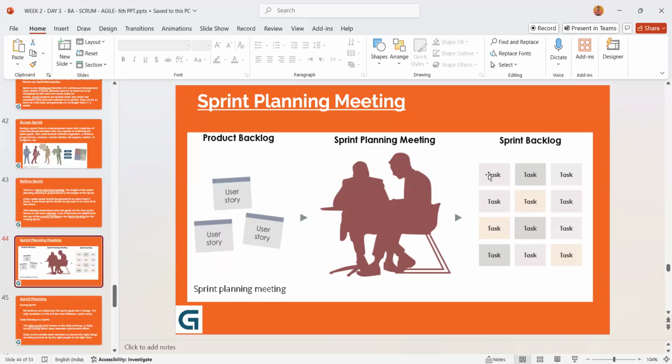When I say equivalent task, it means that a user story will have the dev task, the test task, the integration task, and the architectural task. The architect will have the architect task, the coder will have the dev task, and the tester will have what task? Testing task. So ultimately everything has to come down to tasks.